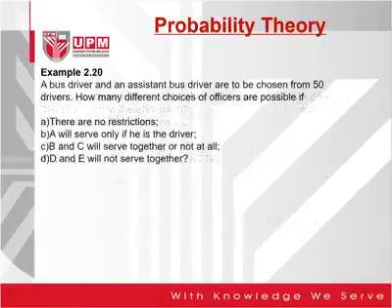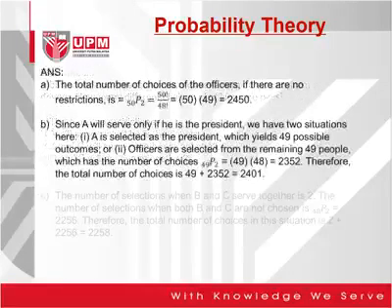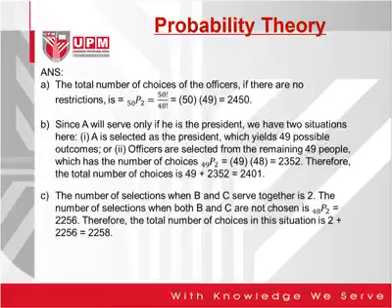Okay, so now we come to example 2.20. A bus driver and an assistant bus driver are to be chosen from 50 drivers. How many different choices of officers are possible if there are A, B, C, and D? Okay, A is the simplest, the total number of choices.